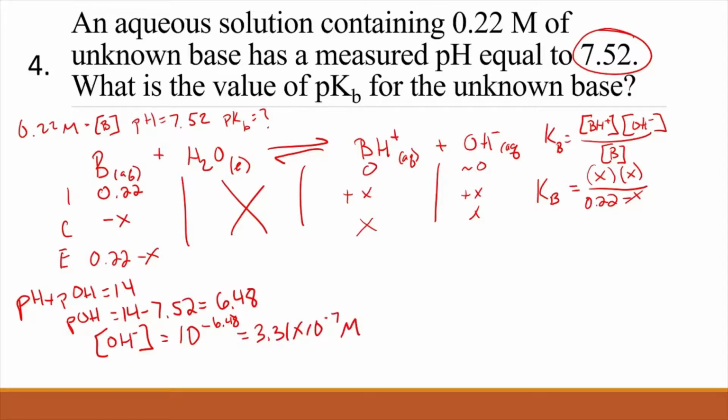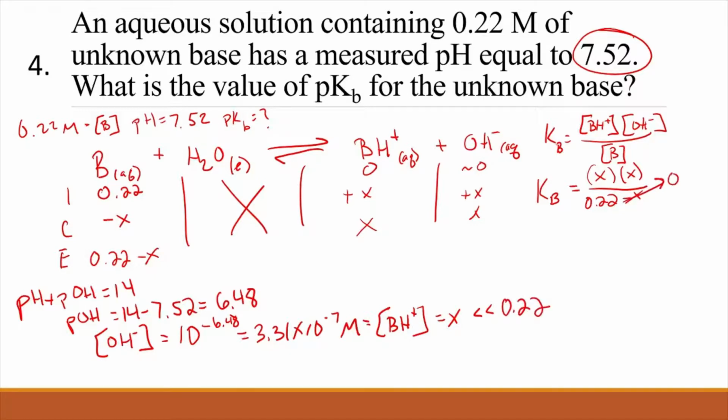So this is now equal also to our BH plus in our equation. Now this number though is very, very small. So this is X, and we can say that this is way smaller than 0.22.